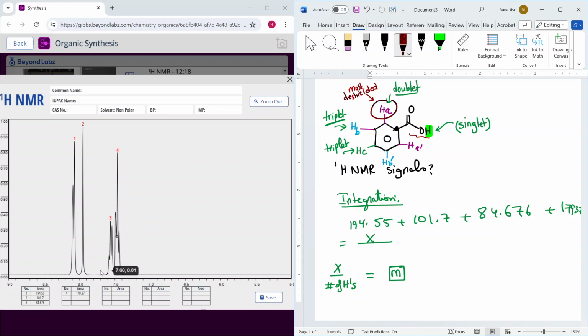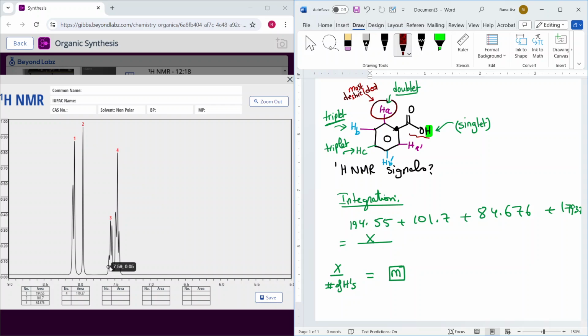And then the other hydrogens on the benzene, which are the meta and the para. You have HB and you have HC. HC is one hydrogen, so you can easily see that this has the lowest peak area, and that corresponds to the one hydrogen there.